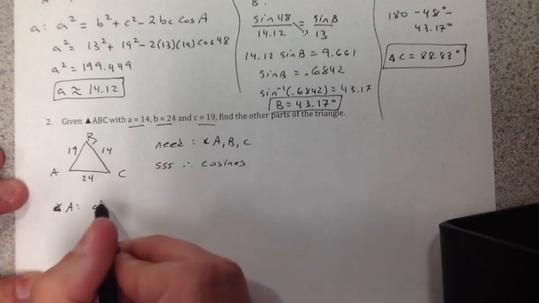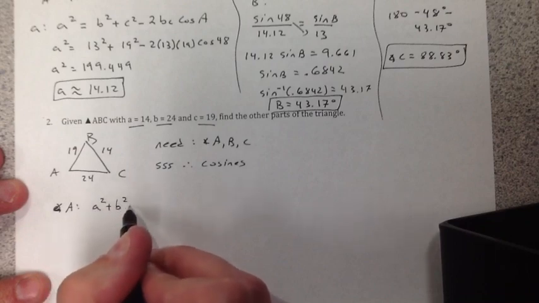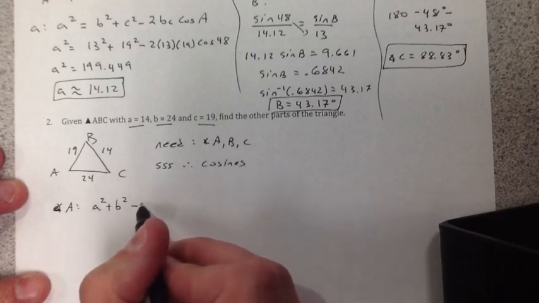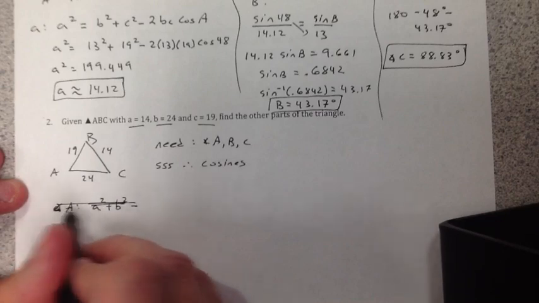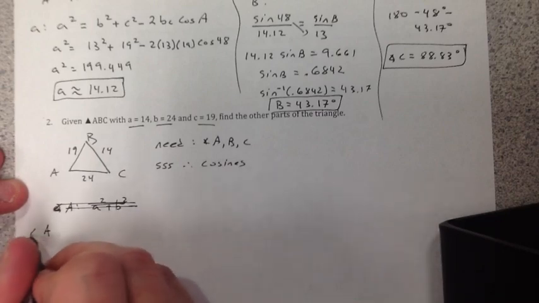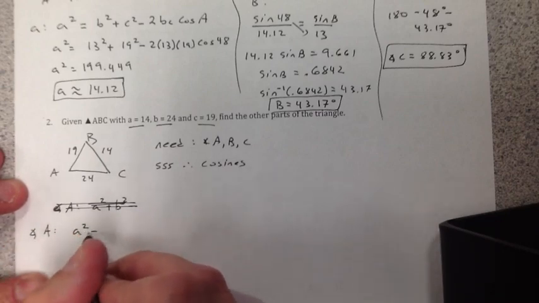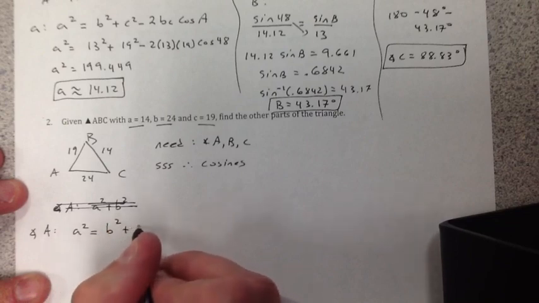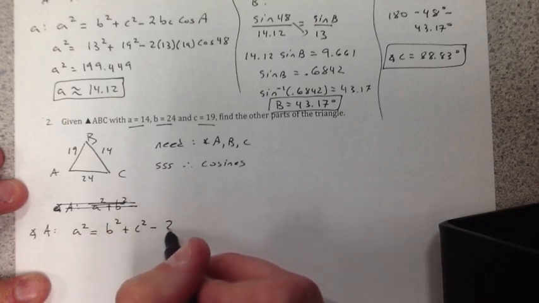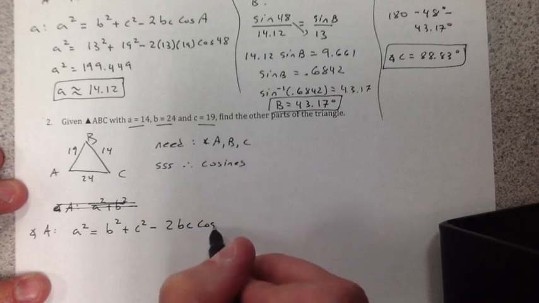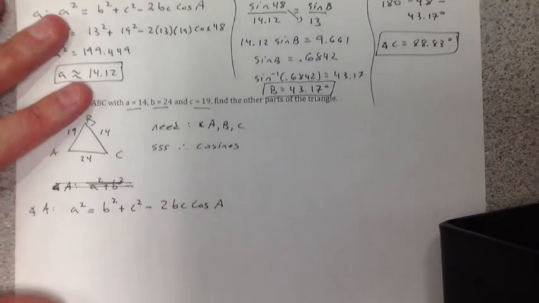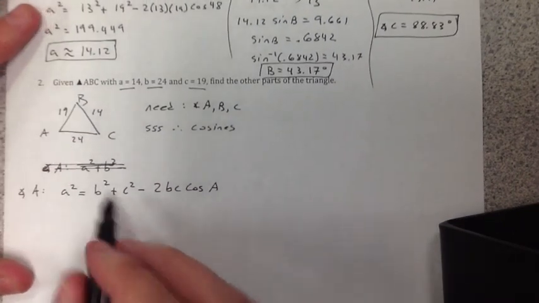Using the rule, a squared plus b squared minus, whoops, let me go rewrite this. Sorry about that. To get angle A, it's a squared equals b squared plus c squared minus 2bc cosine of A. And just plug in everything. We know what A is. A is 14.